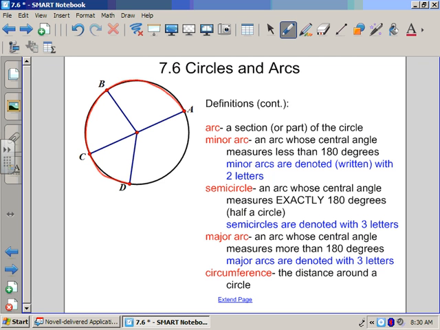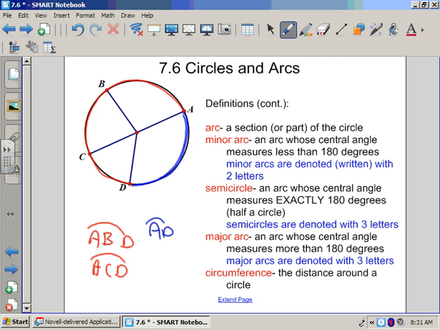Don't call it A, B, C, D. Just give me three letters: where it starts, where it ends, and one point in the middle. You could call this ABD, ACD, DCA, or arc DBA. Any of those would be fine, but notice I used three letters but not four. I can't, however, call it arc AD because arc AD is the minor arc.